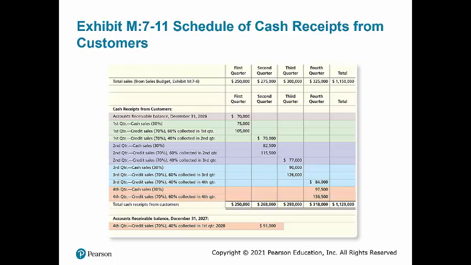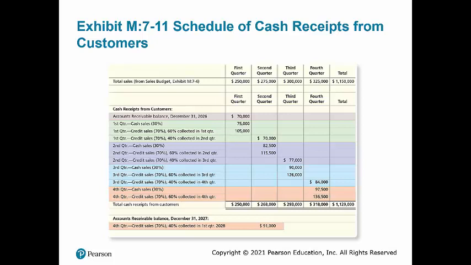$250,000. We would complete the same types of calculations for the second, third, and the fourth quarters, and we would show the total cash receipts from customers for each of the 4 quarters and the total for the year. Now, there would be a balance in accounts receivable at the end of the year.